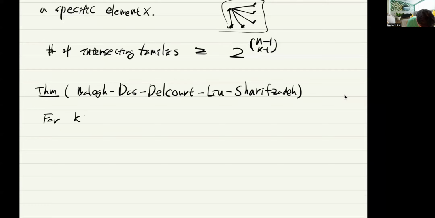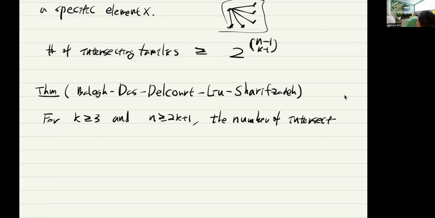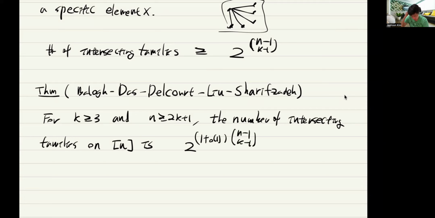And what they show, for k at least 3 and n at least 2k+1, is that the number of intersecting families when the vertex set [n] is 2 to the (1+o(1)) times n−1 choose k−1.